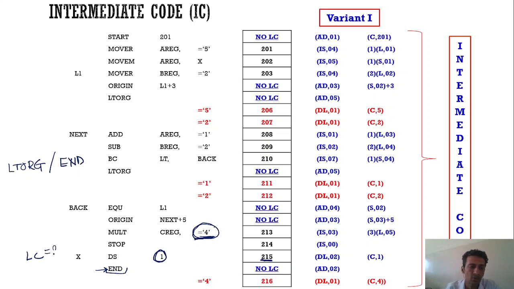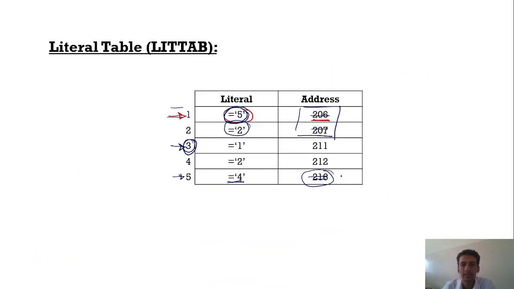So the literal 4 was given memory at 216, that is our current LC. At the same time, we updated its address as 216 in the literal table.